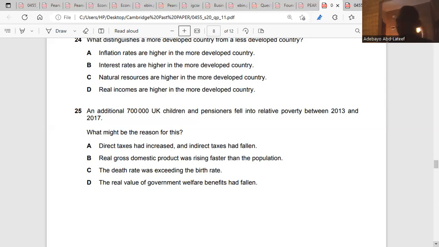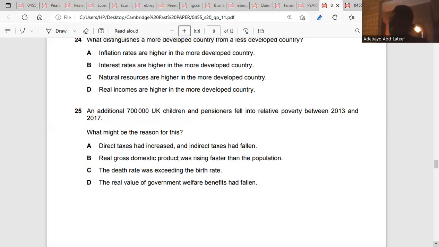So governments have to give them social benefits, so that they are able to spend. But if the government stops giving them, it will reduce what they spend. Is it clear? So the answer is D. I think I told you now what pensioners and children are: the economically inactive population.